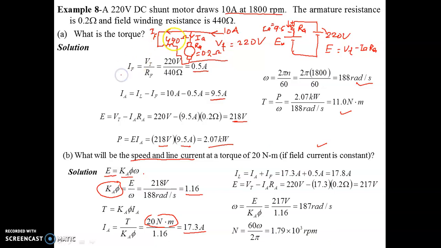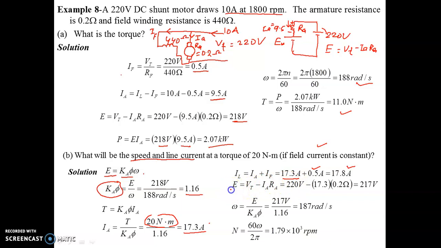Now line current for the shunt motor: you see here the diagram, whatever line current is coming, it is the armature current plus field current. Armature current calculated 17.3 ampere from here, and field current already calculated 0.5, because field current is not changed, it is constant, it is saying in the question. So line current will be 17.8 ampere.